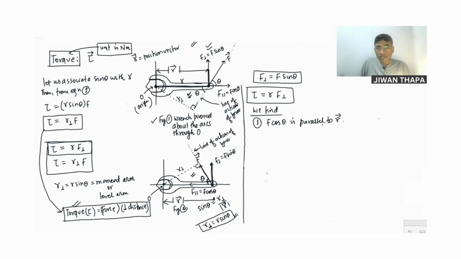So let me write it this way: the parallel component of the force does not cause rotation about the pivot. We need to understand why the parallel component does not cause rotation.